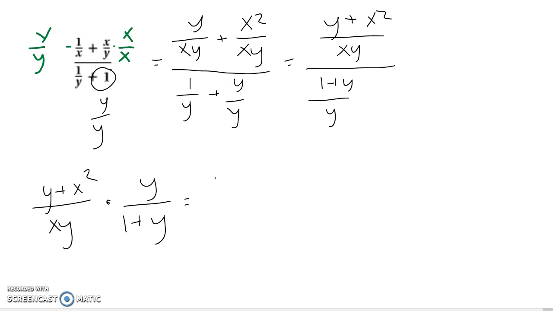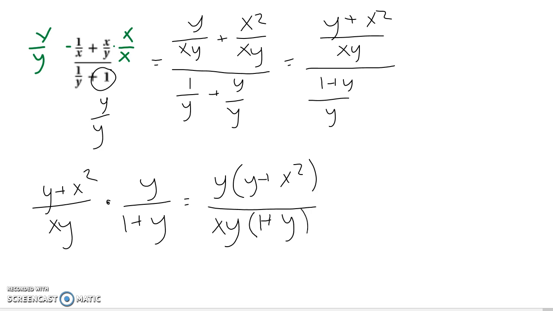When we multiply these two fractions, we get y times y plus x squared, and in the denominator, we get xy times 1 plus y. We have a y in both numerator and denominator, so we can cancel that out. But nothing else here cancels, so we're left with y plus x squared divided by x times 1 plus y.